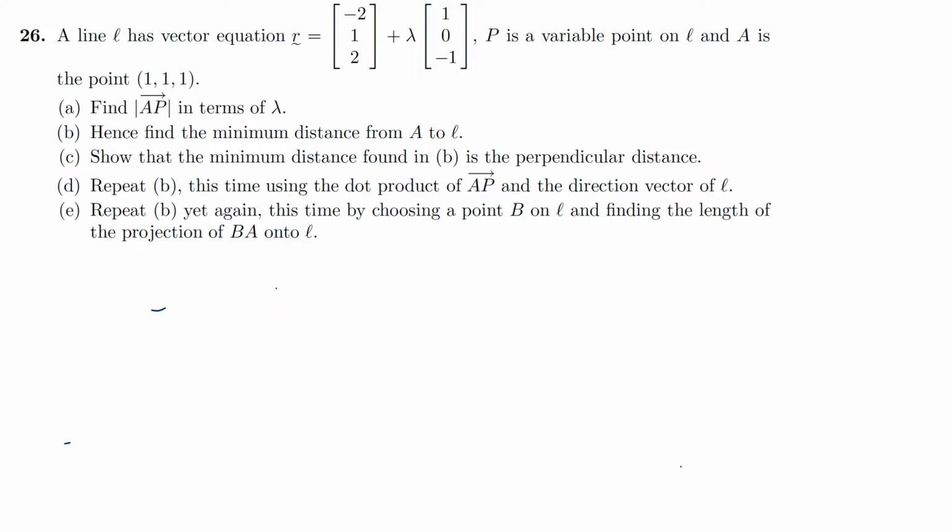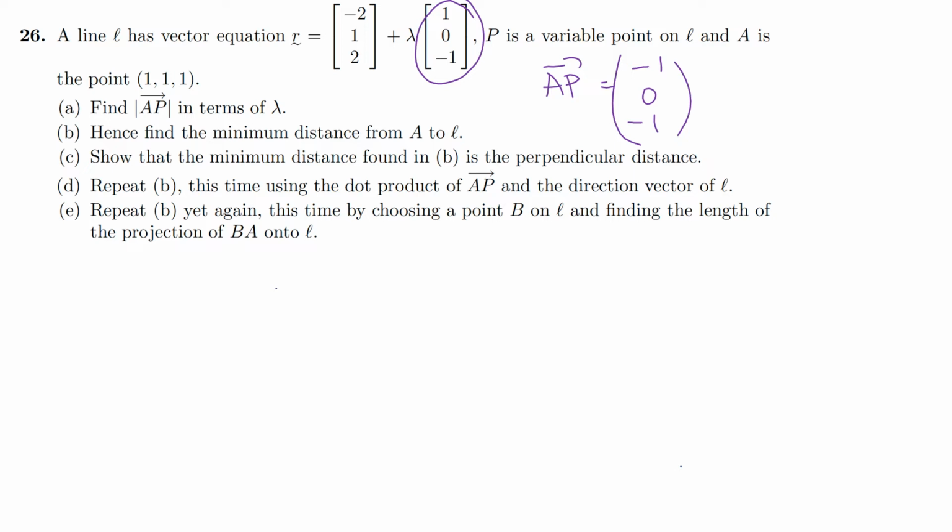Okay, so we know the direction of line L, there's the direction of line L, and we also know that vector AP is -1, 0, -1. So if we have a look at that dot product, it should show that the minimum distance found in B, sorry I wasn't reading it properly, is the perpendicular distance.